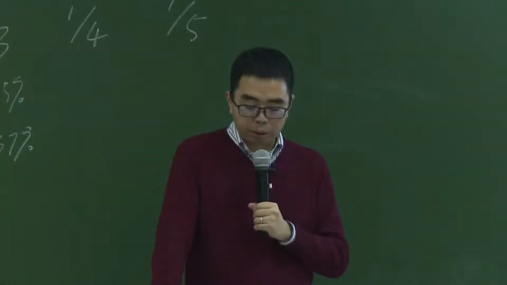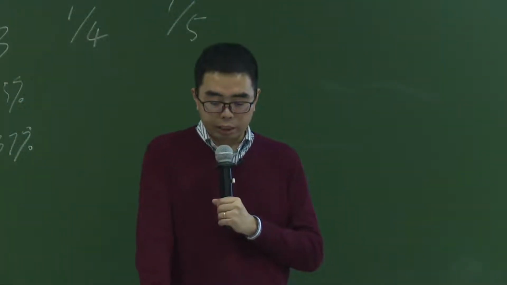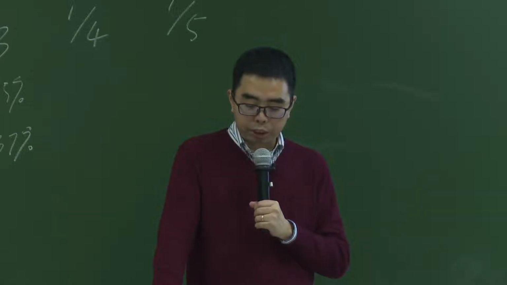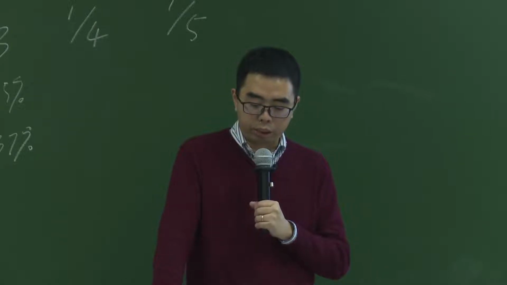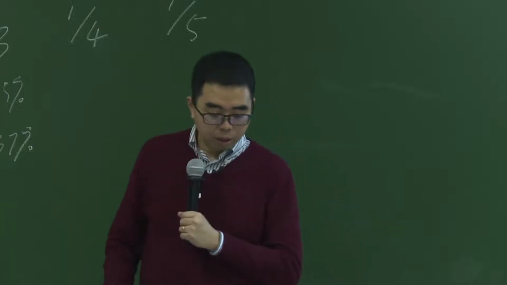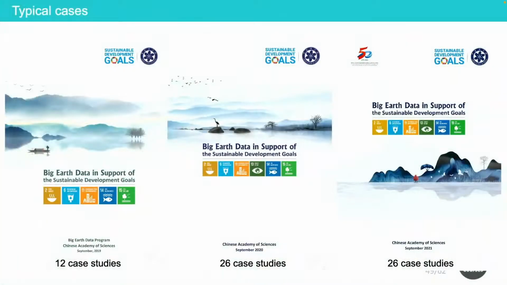These 3 reports provide more than 60 case studies in total, covering 6 SDG tasks. As I mentioned before, biodiversity, nature conservation, and agriculture are directly related to SDG 2, SDG 14, and SDG 15. Those 3 are all covered in these reports. I have brought one report with both the Chinese version and English version. You can have a look one by one.